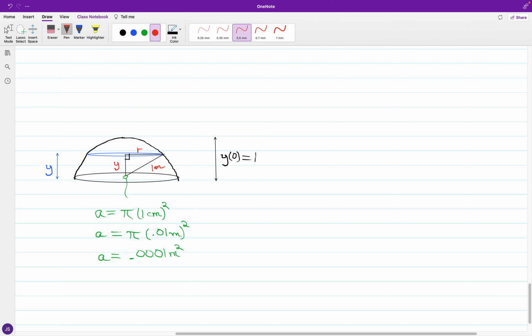And again, with the right triangular setup, we have the radius of the hemispherical tank to be at 1 meter.